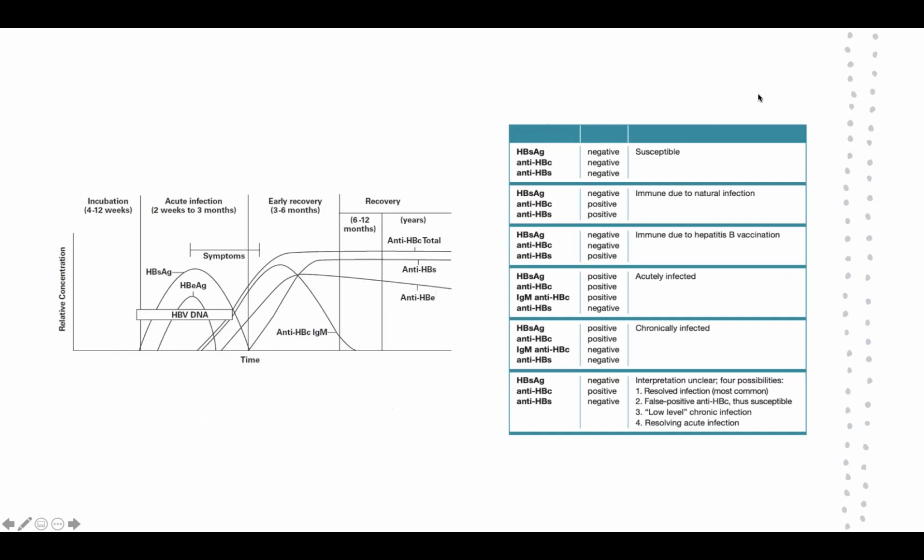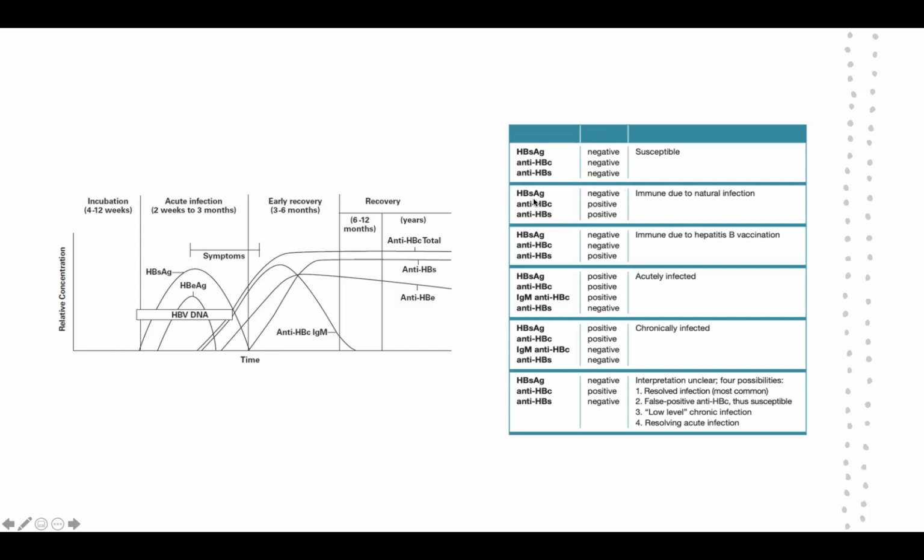So in terms of interpreting the results, if they're all negative, they don't have an infection, and the patient can be susceptible to a new infection in the future. Now, if the anti-core antigen, so antibodies against the core antigen, is positive and antibodies against the surface antigen is positive, but they have no surface antigen present in their body right now, we know that there is no active infection.